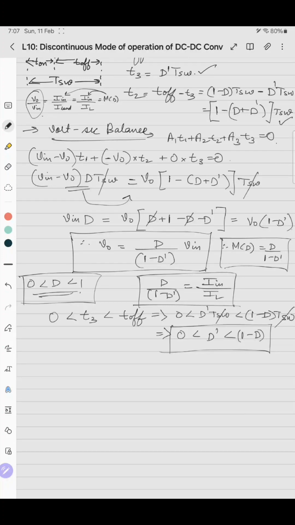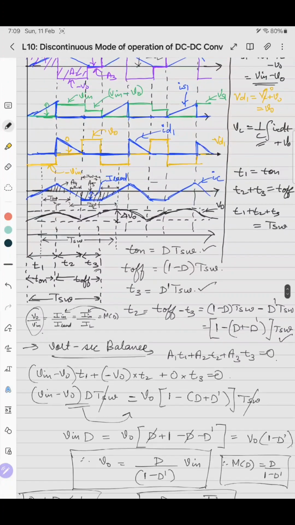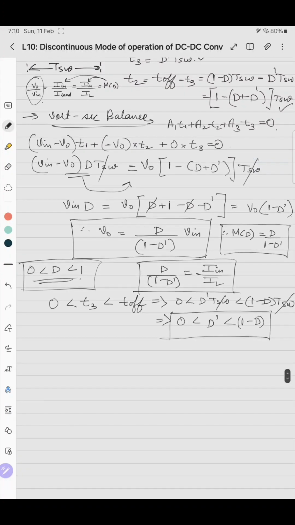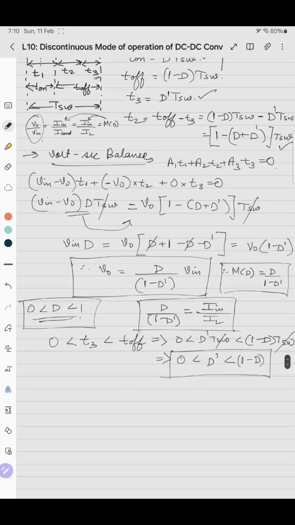Now there is one more way in which we can derive this DC transfer function in terms of the critical inductance. Now we cannot straightforwardly plot M of D as a function of D, because we have a D dash term.